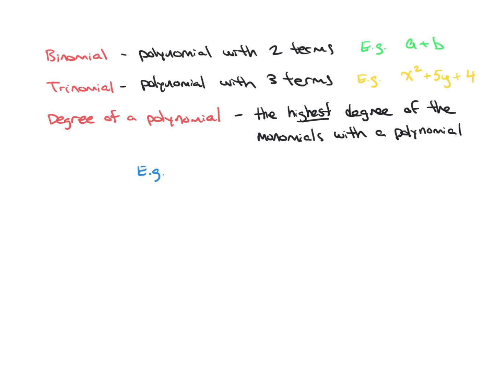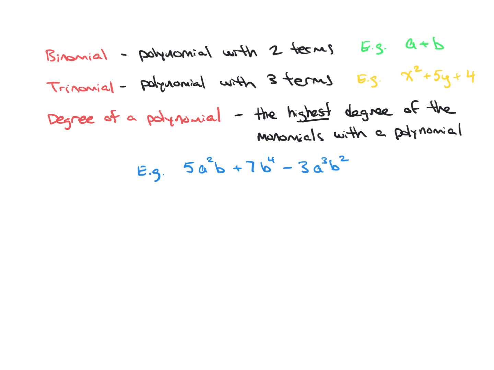Okay, let's say we have 5a squared b plus 7b to the 4 minus 3a cubed b squared. Okay, let's say that's a polynomial.